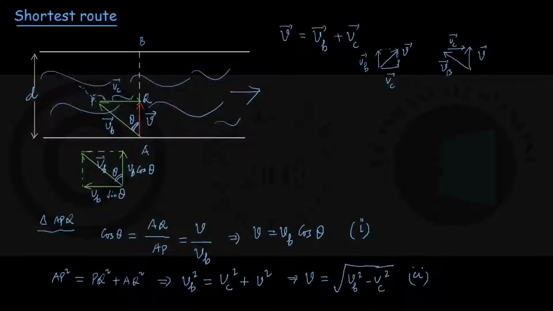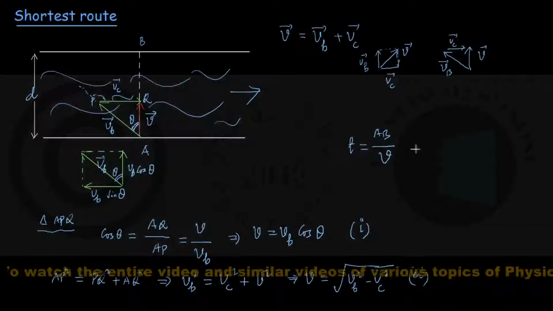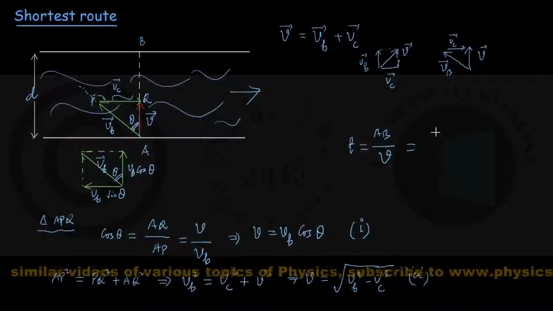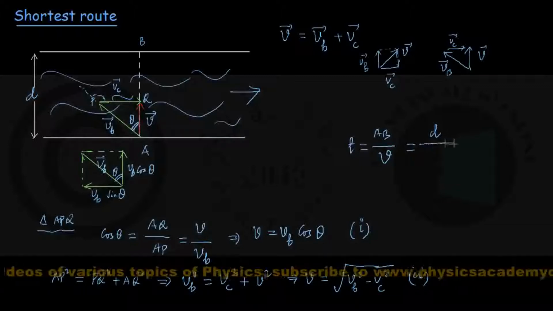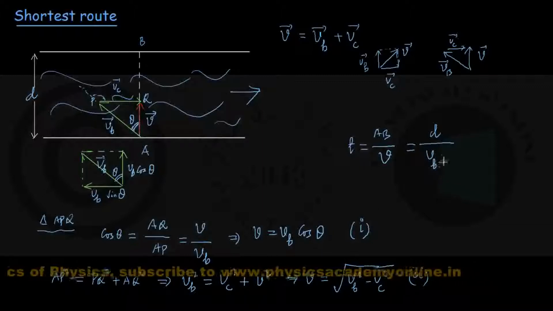But interestingly, as you can see, the time of travel from A to B, how much is that? This time of travel is obviously given by the length AB divided by V, not VB, it's just V, the resultant velocity. And since you have found the value of V to be VB cos theta, and the length AB is of course taken to be D, the time of travel is coming out to be D by VB cos theta.